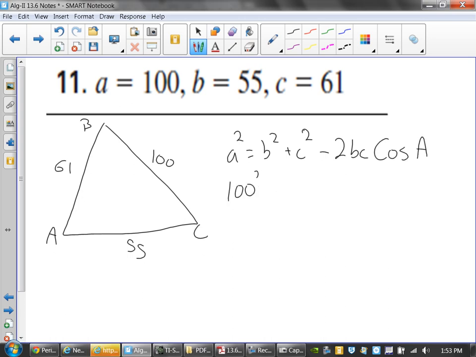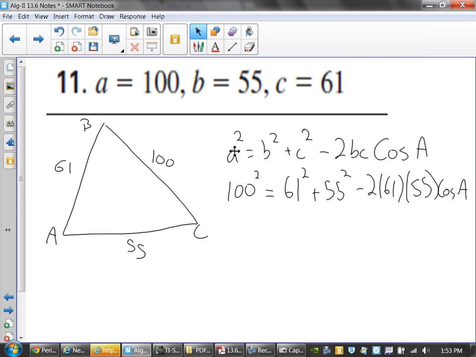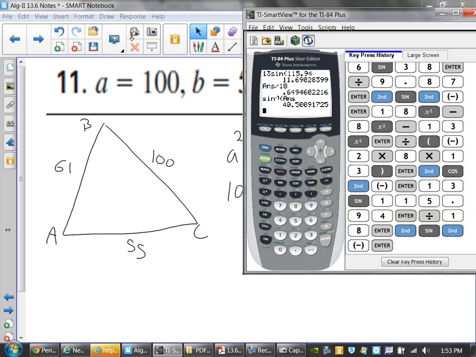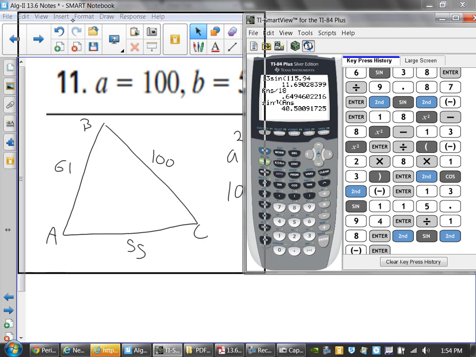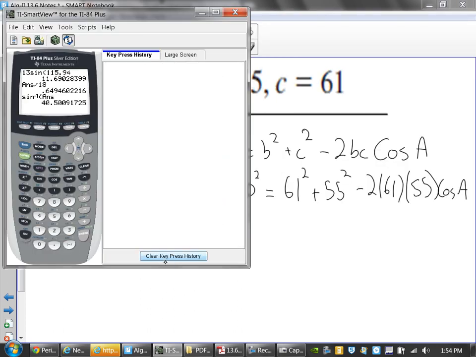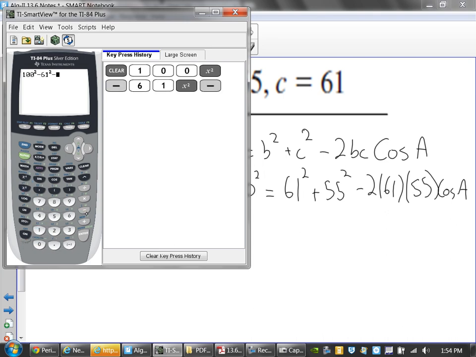100 squared is 61 squared plus 55 squared minus 2 times 61 times 55 cosine of A. Now in my calculator, we have 100 squared minus 61 squared minus 55 squared, hit enter.